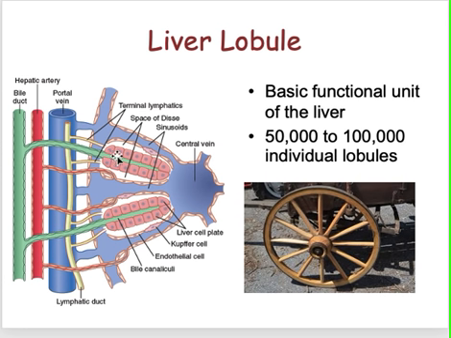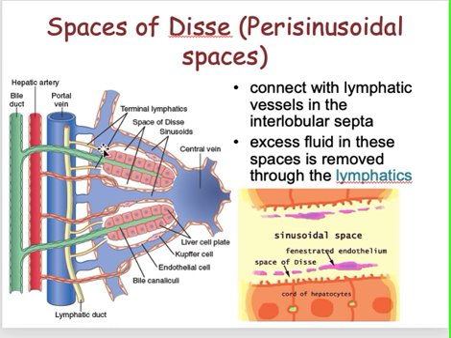And then you also have your lymphatics. Your lymphatics are connected to the spaces of Disse, or your perisinusoidal spaces. If you look more closely, in between your sinusoidal space and your hepatocytes is a small space called the space of Disse, and it is demarcated from the sinusoidal space by your fenestrated endothelium.